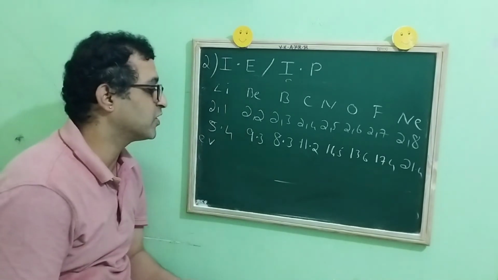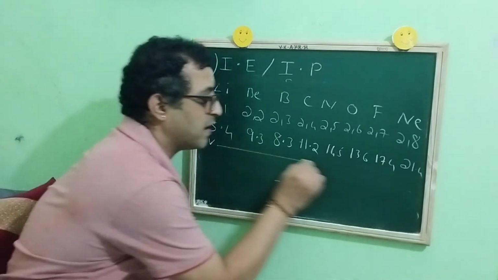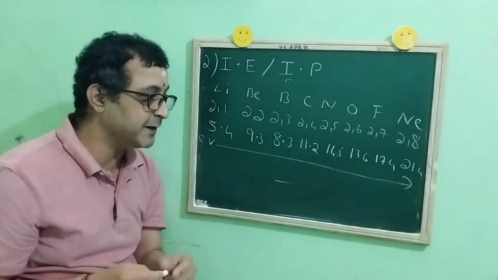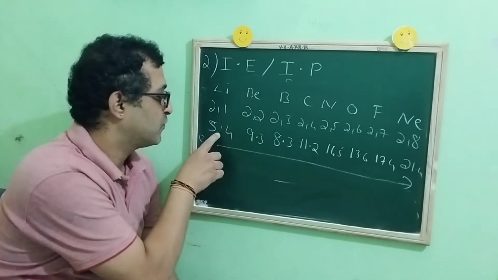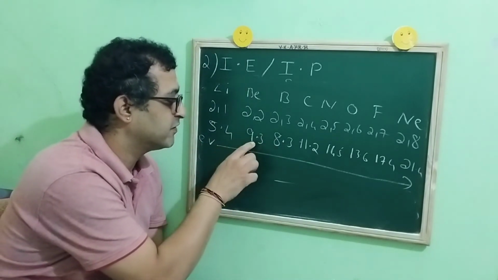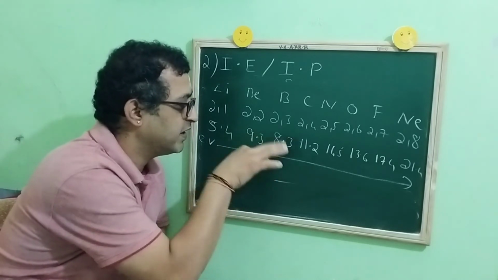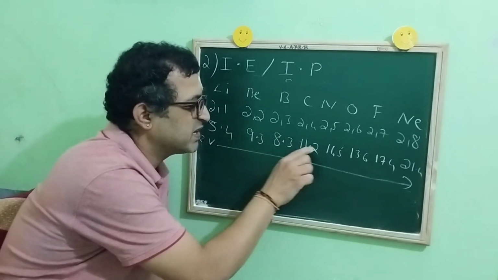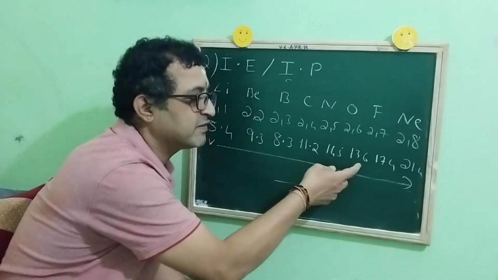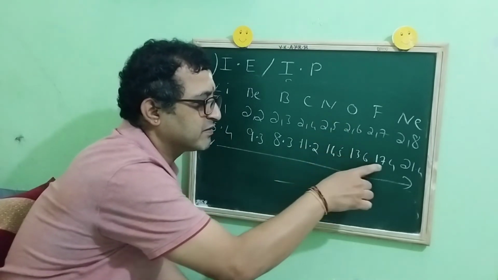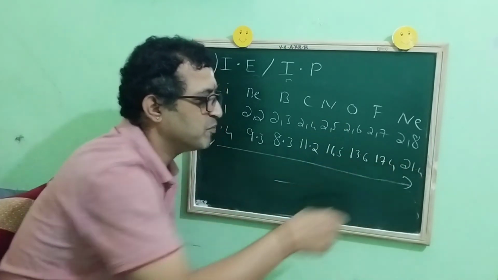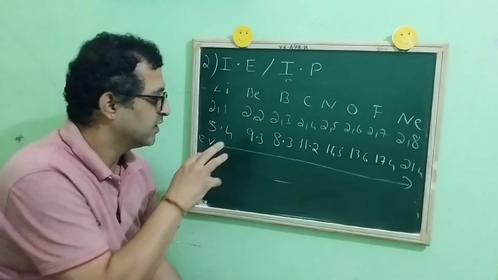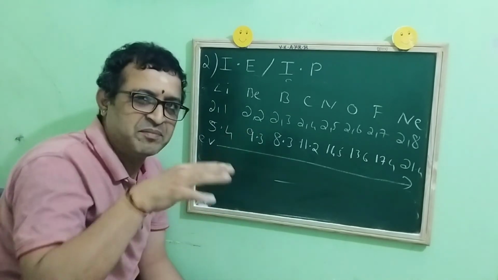Children, observe the values very carefully. What is happening to the IP values across the period? 5.4 to 9.3 increase, 9.3 to 8.3 decrease, 11.2 increase, 14.5 increase, 13.6 decrease, 17.4 increase, 21.4 what? Increase. Sir, sometimes it increases, sometimes decreases, something like that is happening.